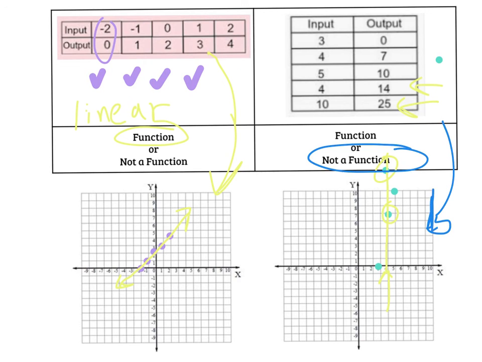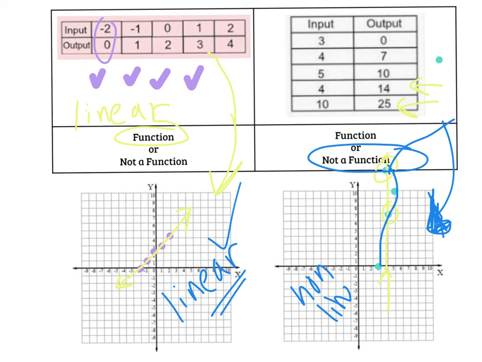So when I graph it, you can see that this is not going to pass the vertical line test, but this one does. This one over here is linear. Everything's constant. And this one, if I connected these, would curve. So this one is called nonlinear. But this one is not even a function. This is not a function.